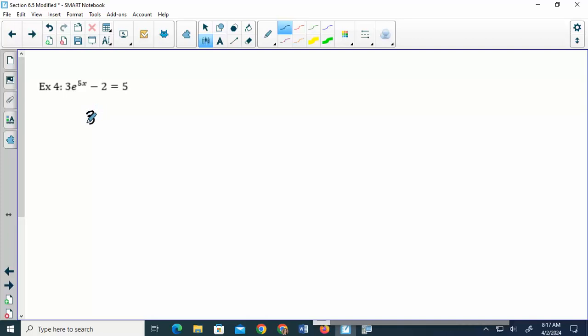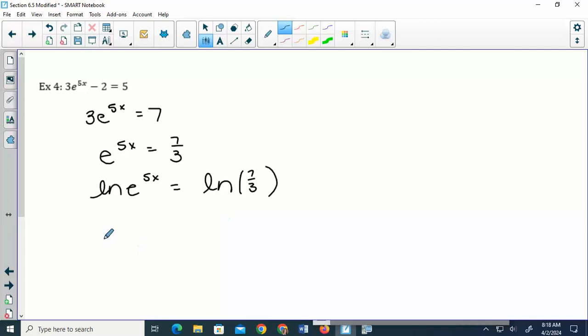So add over the 2, divide by 3. And then if we have e's, what would we probably want to do? Okay, so exponent comes down. Natural log of e is like saying e to what power equals e, so that would turn into a 1.